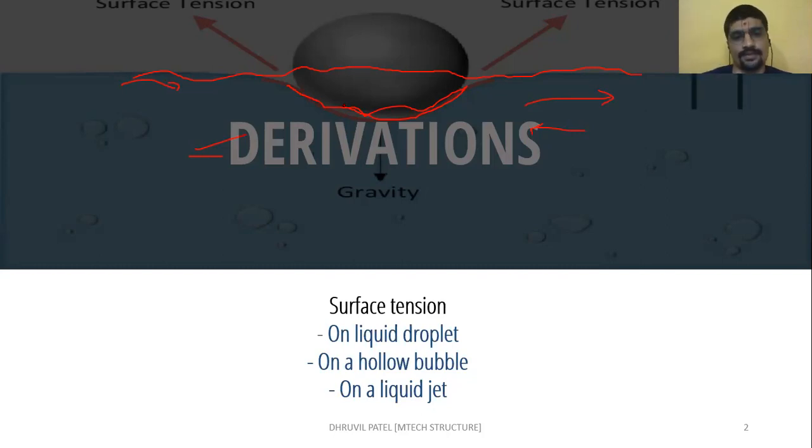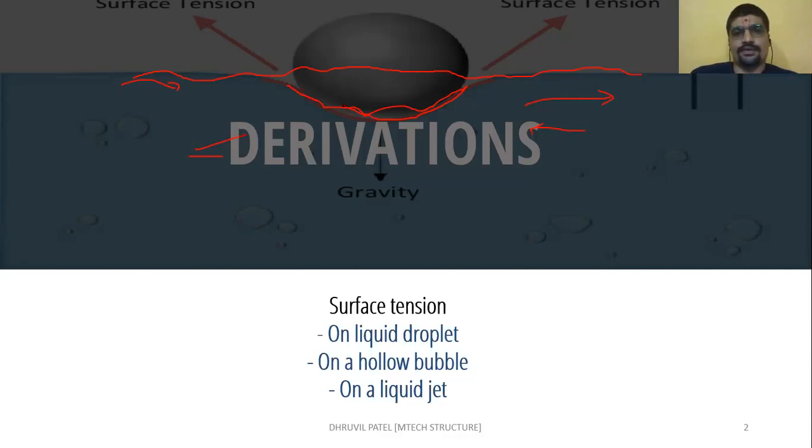It's like a droplet. So on a liquid droplet, on a hollow bubble, the bubbles are also in hollow form, and on a liquid jet. Liquid jet means one type of cylinder which is filled up with liquid. So we cut the liquid jet into half and calculate the surface tension.